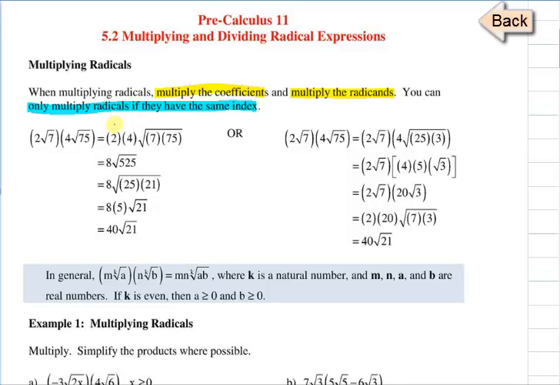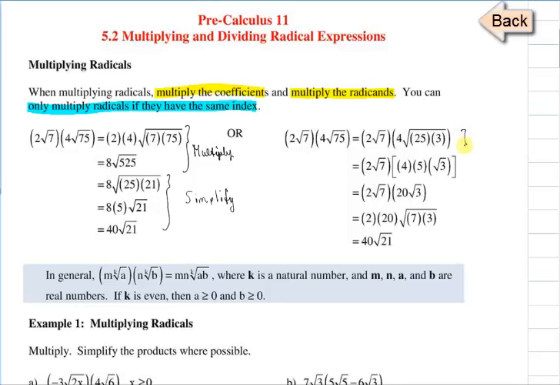On our first example here, what you do first is the multiplication, and then you simplify. Okay, and on the second one, you reverse that process.